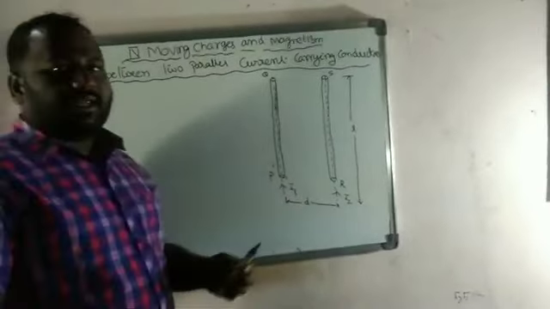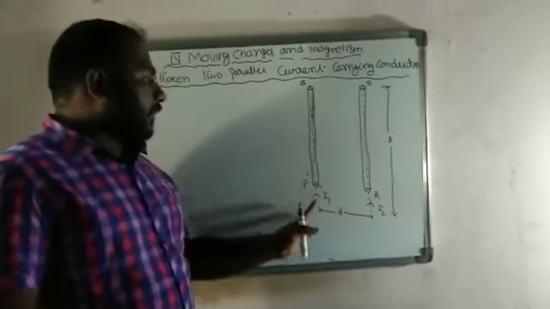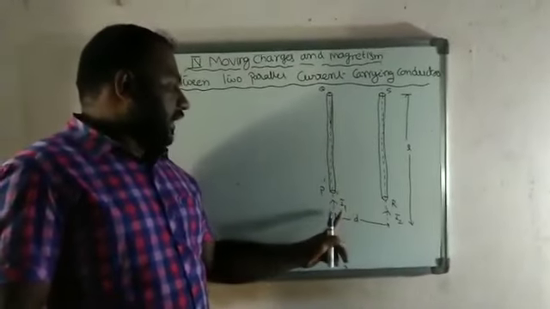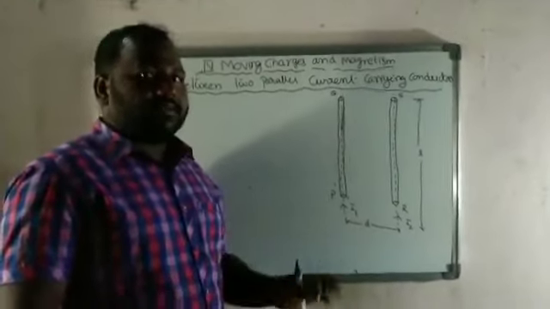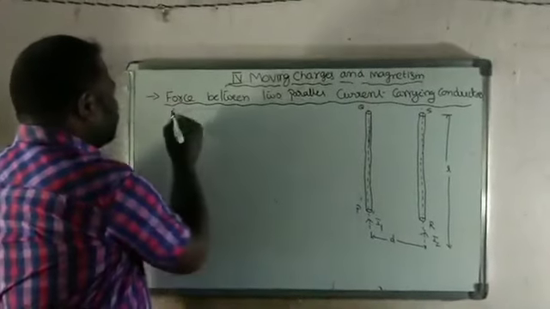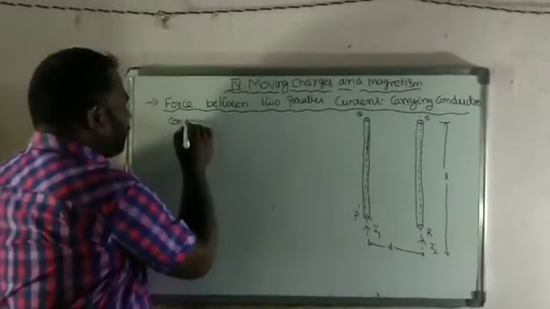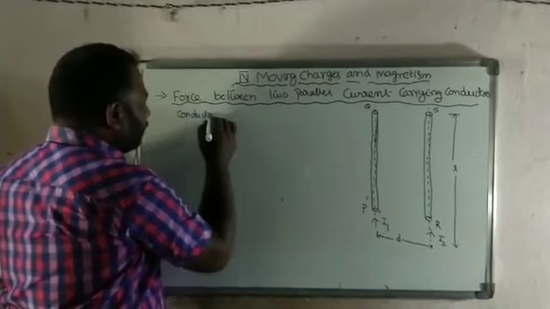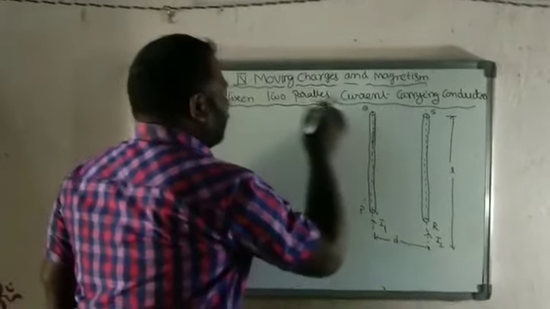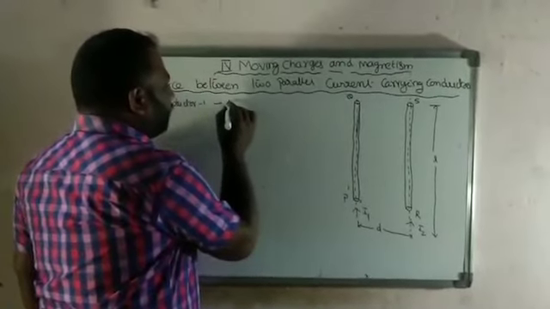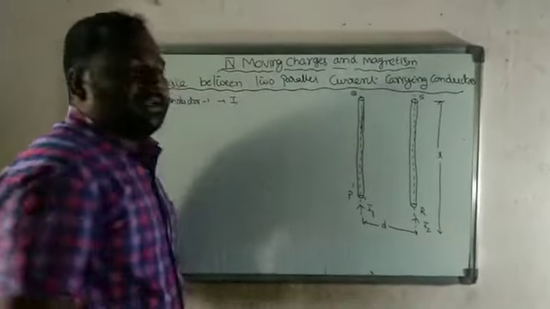First I take conductor 1. The current flowing through this conductor is I1.